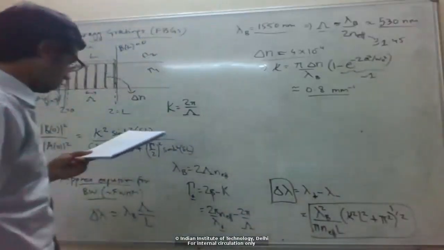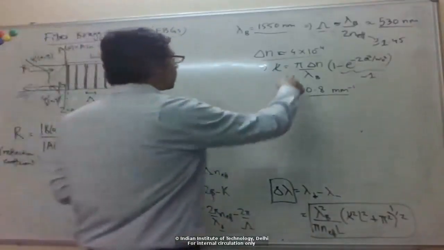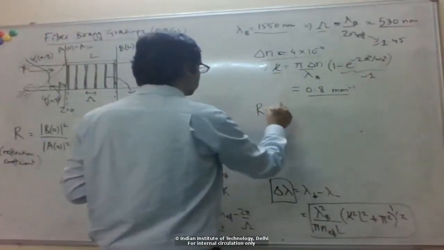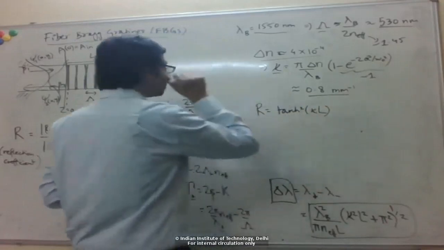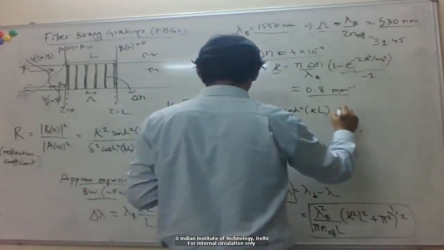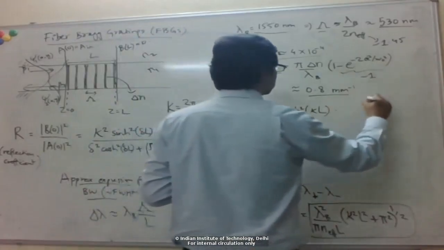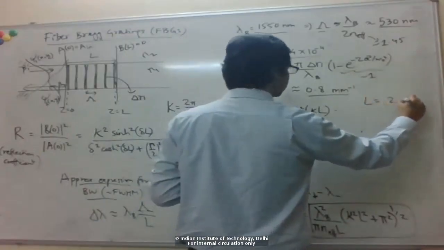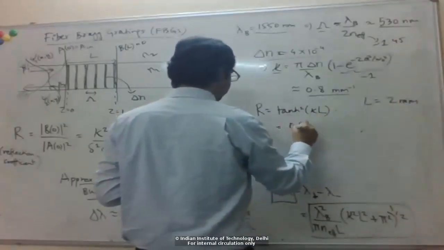Okay, so we now have a value for kappa. If we calculate the peak reflectivity that we get at this wavelength, let's assume a grating length of about 2 millimeters, then this comes out to be about 0.85.